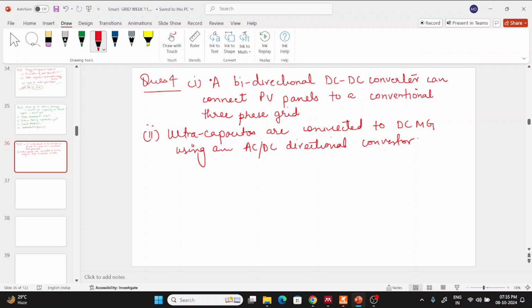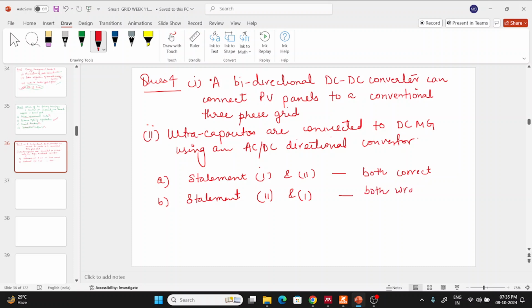The first option is statement 1 and 2 both correct. B is statement first, second, both wrong.